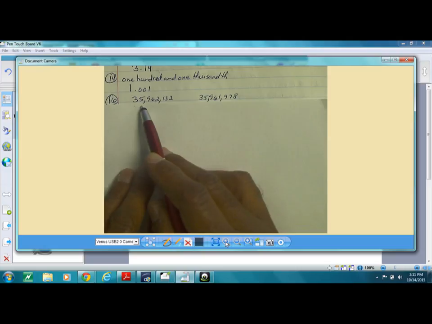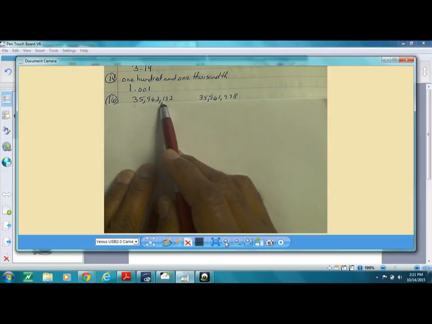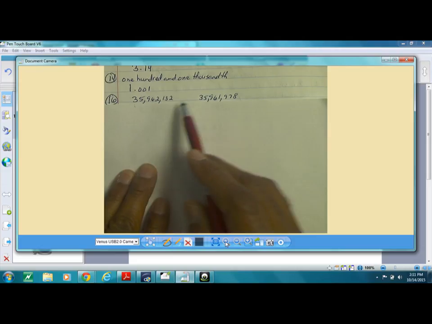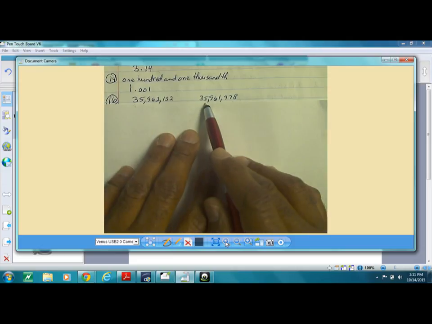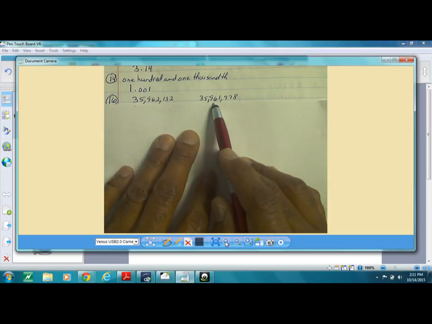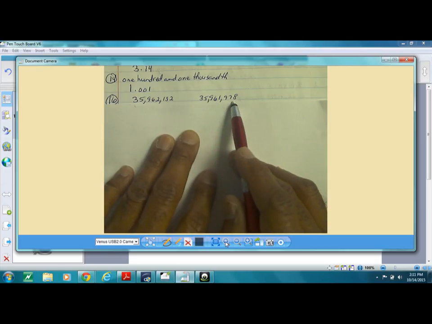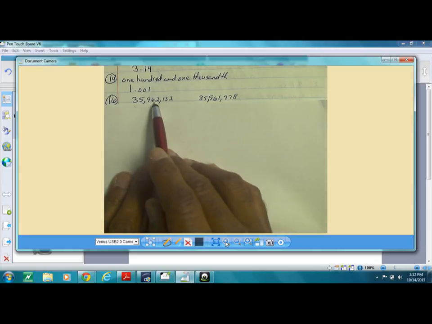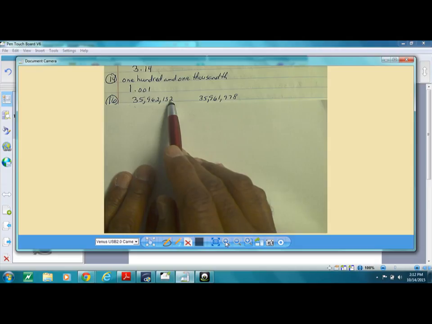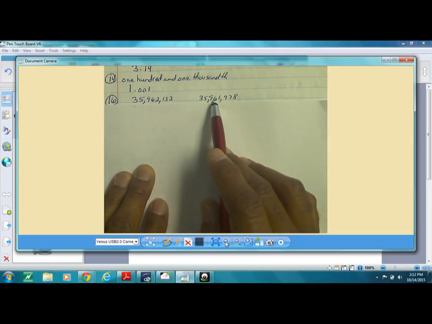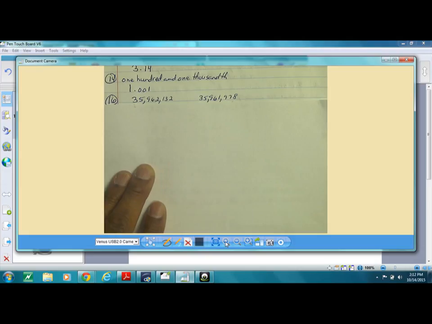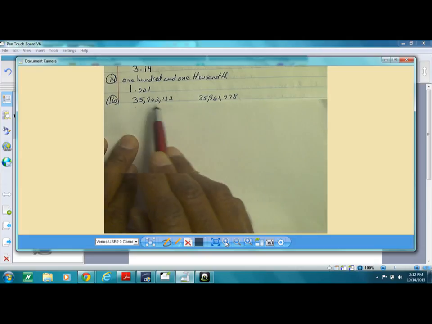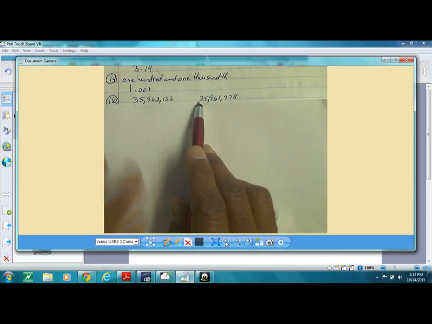So we have 35,962,132. Then we have 35,961,978. We have 8 digits in this number, and 8 digits in this number. And we'll start comparing here. Both of them have a 3 in the 10 millions place.